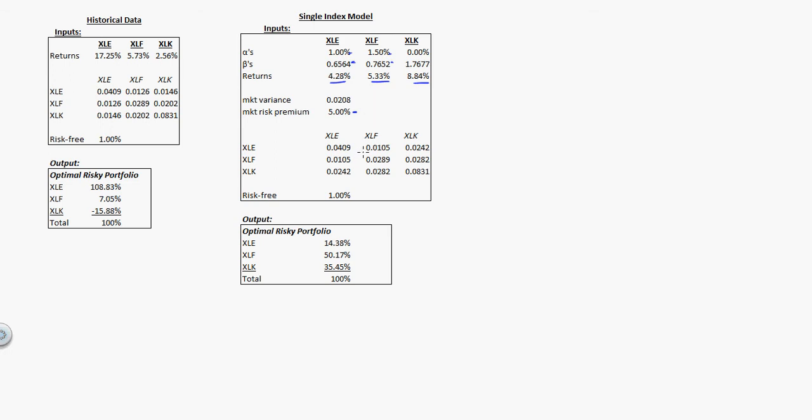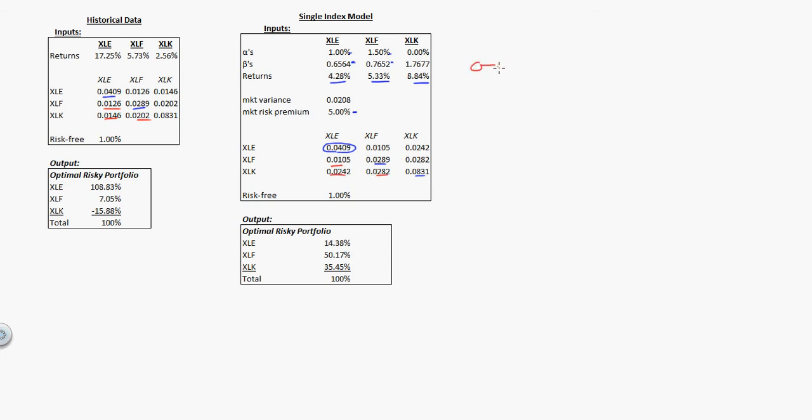Okay, so how do I come up with the covariance matrix? I want you to notice that the variances are the same. Okay, I messed that up, but the variances are all the same, right? The difference is going to be in the covariances. Those are going to be the ones that are different. So how did I come up with those numbers?